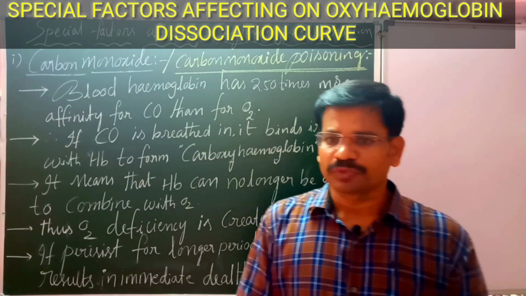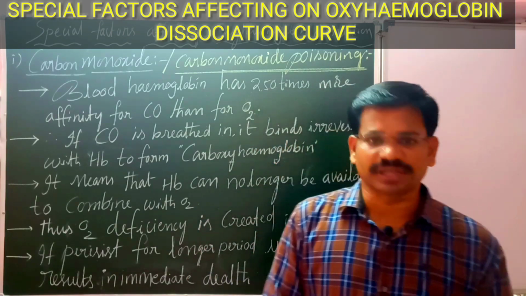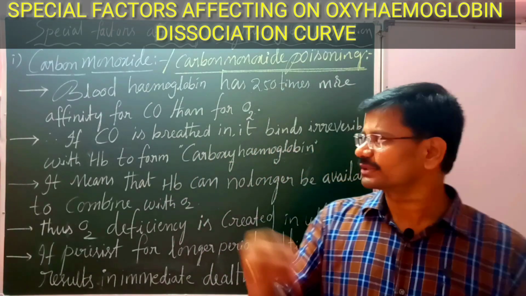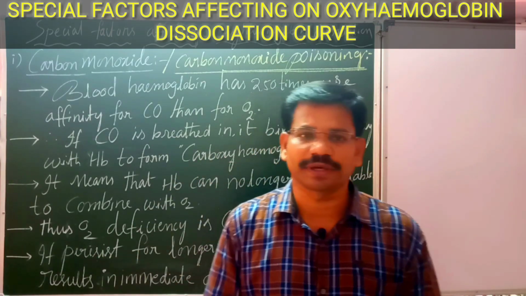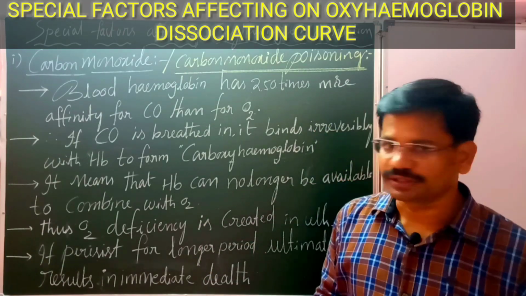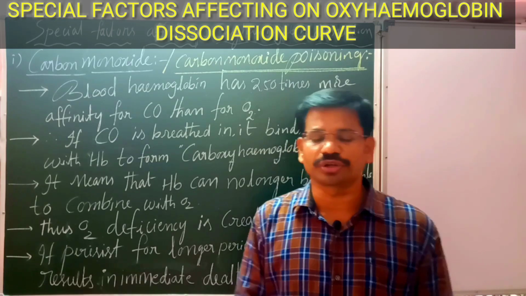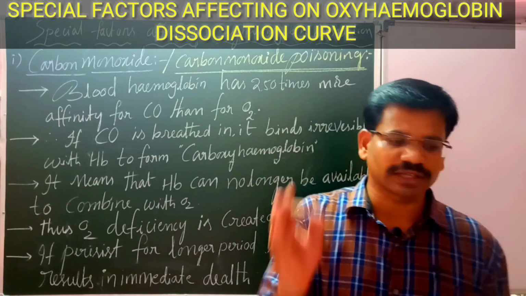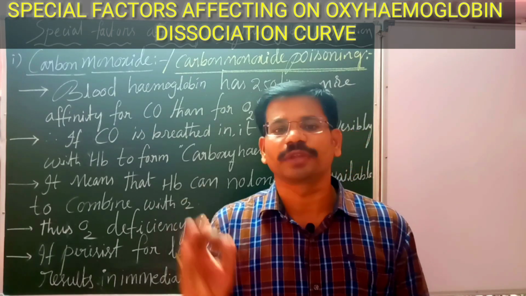These are not completely combusted, right? So when they are not completely combusted, carbon monoxide is released into the atmosphere and it reduces the oxygen carrying capacity of the blood. In this lecture we are going to talk about how carbon monoxide reduces the oxygen carrying capacity of the blood.